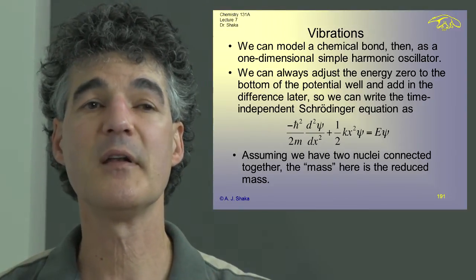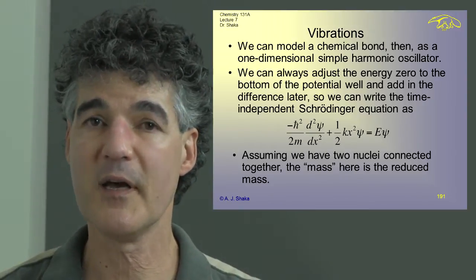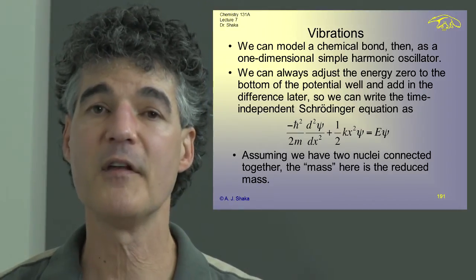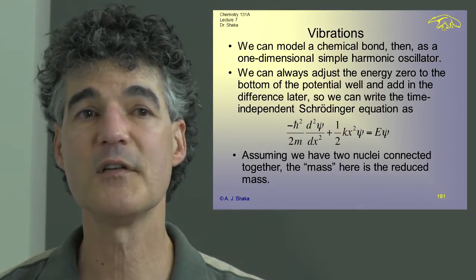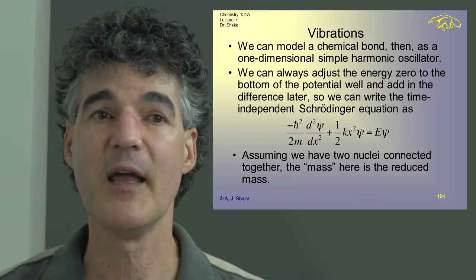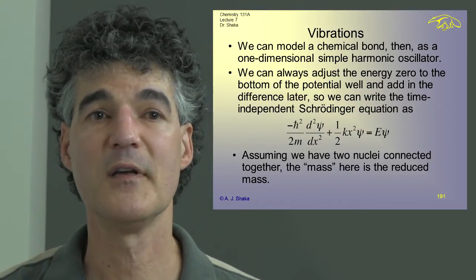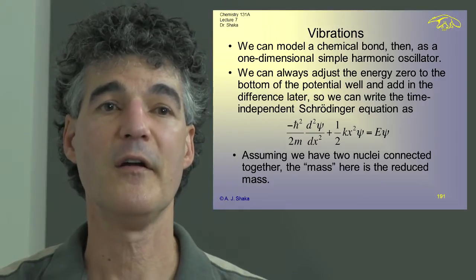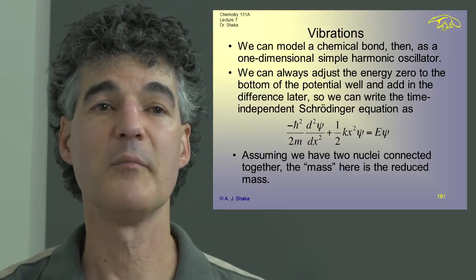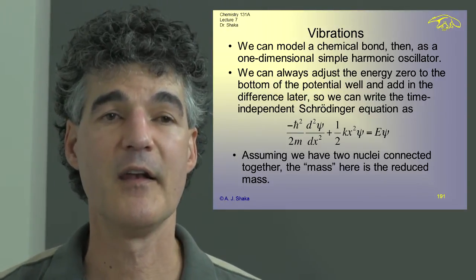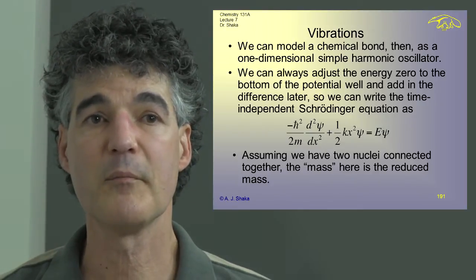And just to keep with what we've done for consistency, rather than using r minus Re, I'll just introduce a variable x, and psi will be a function of x. And so if x is 0, then they're at the equilibrium, and if x is something else, plus or minus, then it's away from equilibrium.